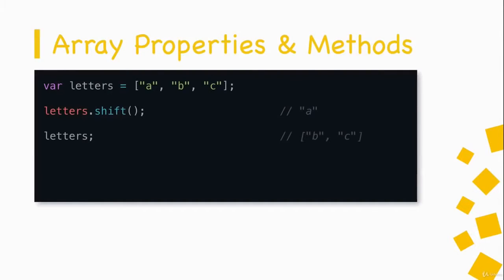So if you type in letters, then as you can see, previously it was A, B, and C, but now it only contains the strings B and C. The first string, or the string A, has been removed. So you can use the shift method to remove the first item from any array.